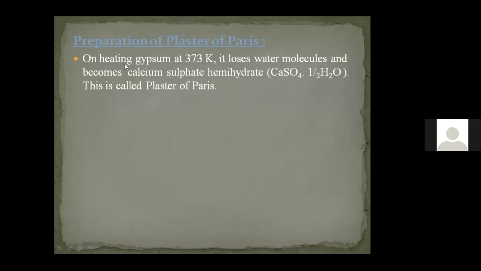So we are taking gypsum and heating it to a temperature of 373 Kelvin. When we heat the gypsum to 373 Kelvin, what is the boiling point of water? 100 degrees Celsius.